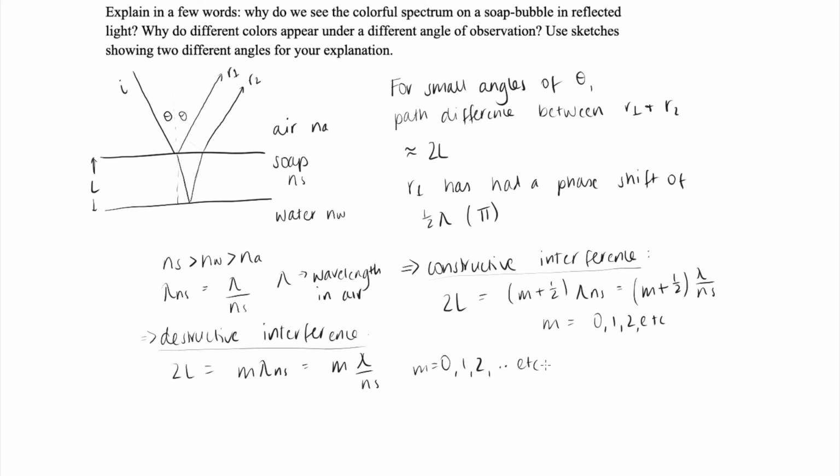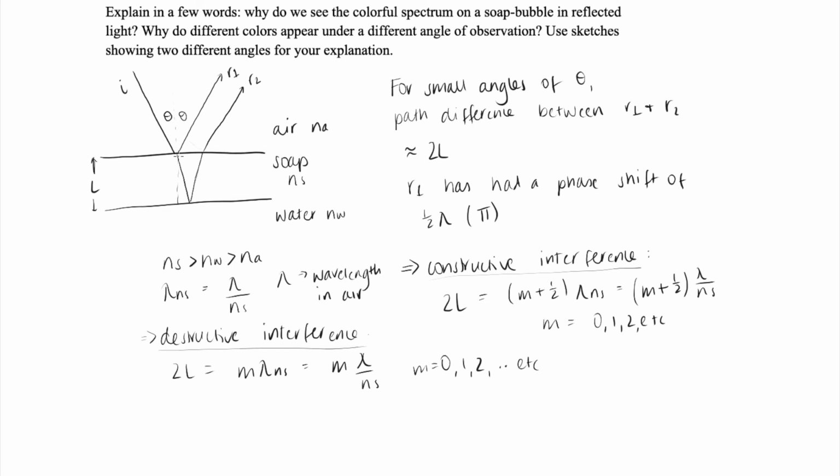Excellent. So we see a colourful spectrum on a soap bubble because not only are these interfering in different ways, because it's all coming in at a different angle, what's also happening is that we have different angles of refraction.